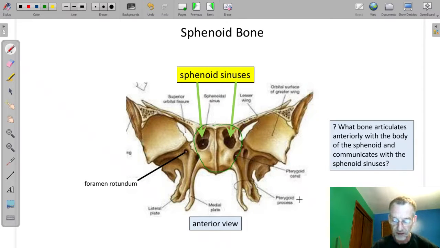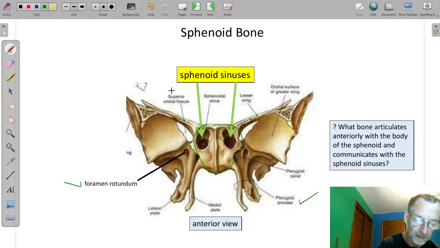Legs, which are the pterygoid processes, and then the wings. And here is the foramen rotundum. Takes a little while to get used to what you're looking at, but it's an anterior view. So the labels are a little bit fuzzy, but this is the SOF. And you know what passes through the SOF? Which nerves?